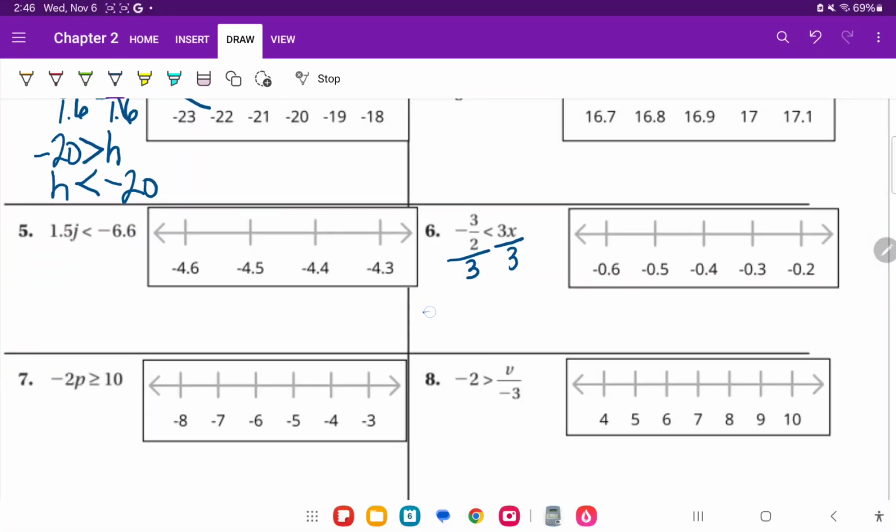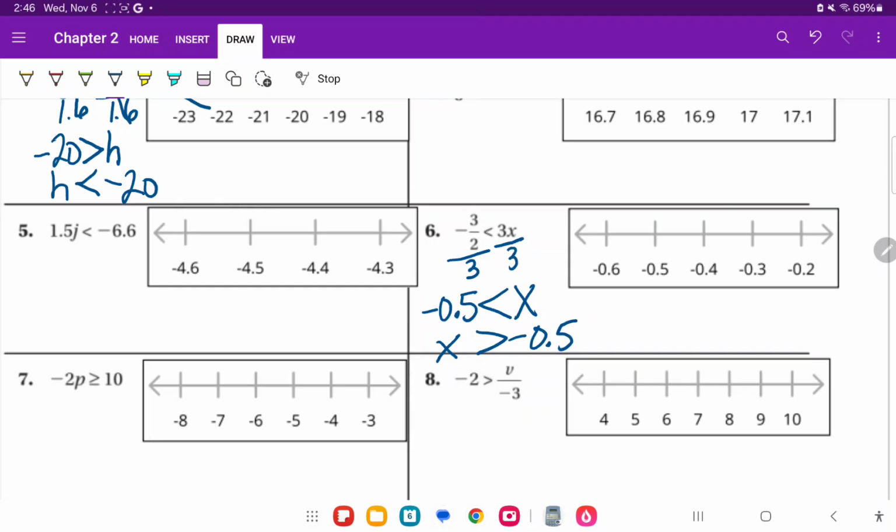So it's going to be negative 0.5 is less than x. Now I can't leave it that way, so I have to flip it around. So x is greater than negative 0.5.